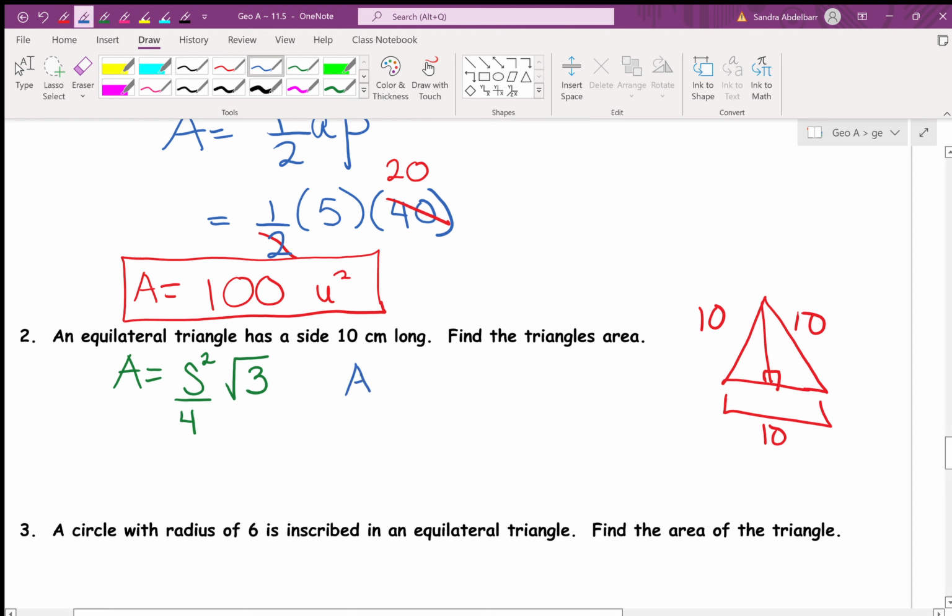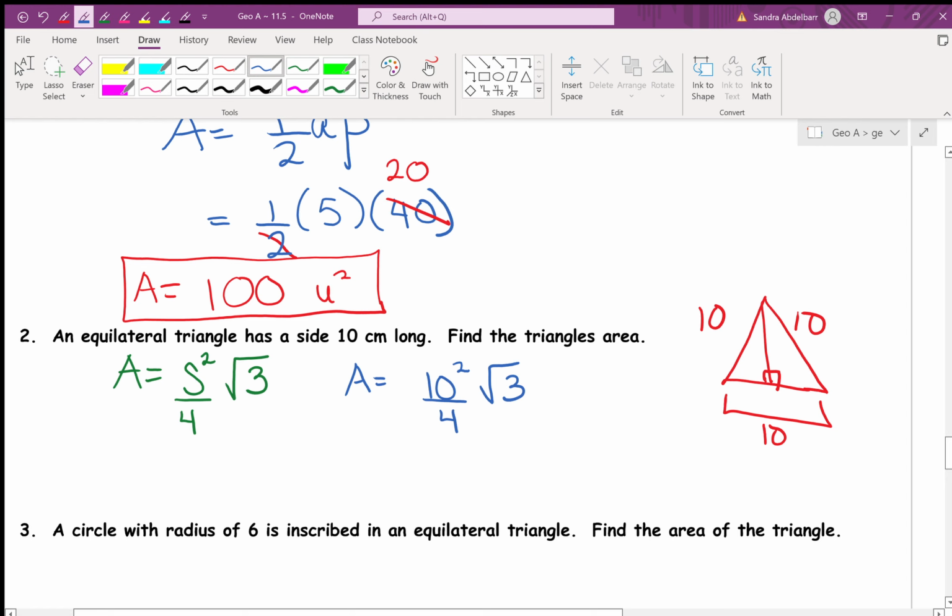So our area is going to be our side length. Well, what's our side length? 10. So it's going to be 10 squared over 4 root 3. Now, students sometimes forget their basic algebra skills, and they'll take that 10 over 4 and simplify it. No, no, no. All right, according to PEMDAS, do we do exponents or division first?